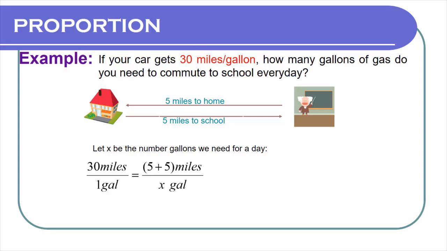Because the units are equal, we don't need to change any unit. So we have 30 over 1 is equal to 10 over X.